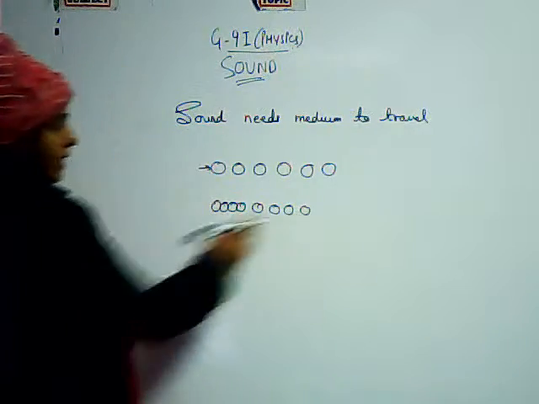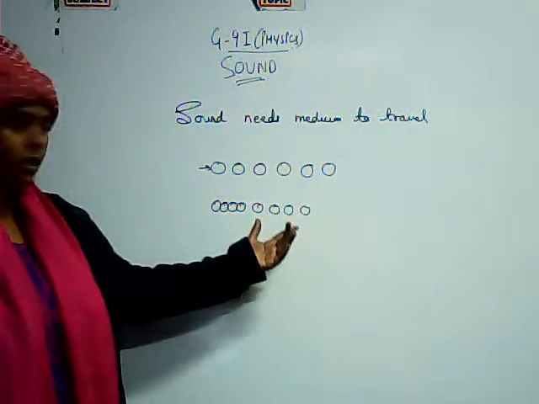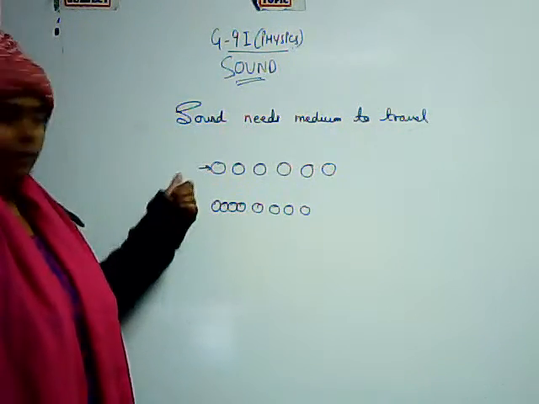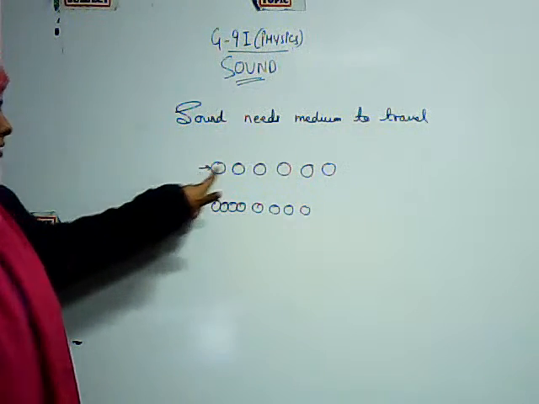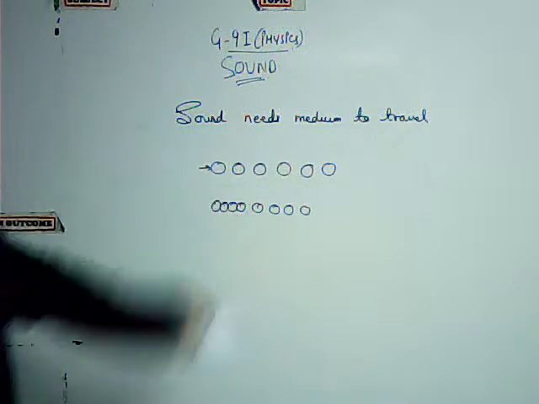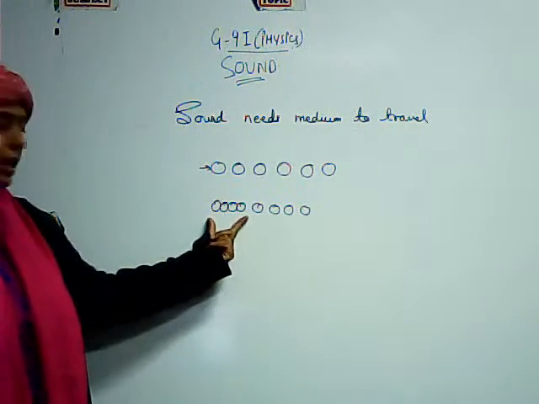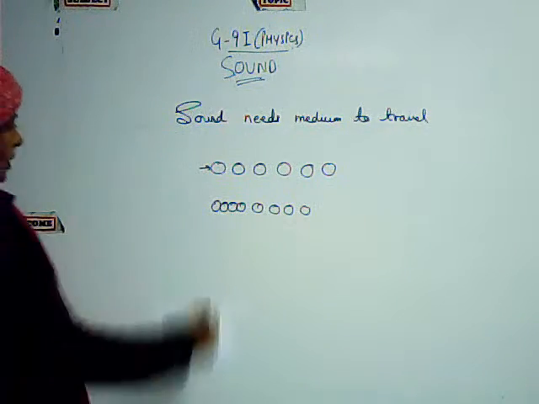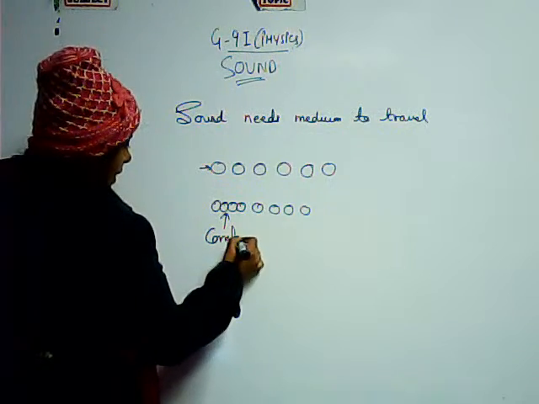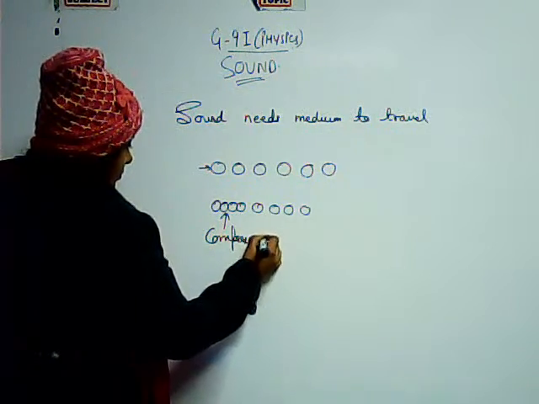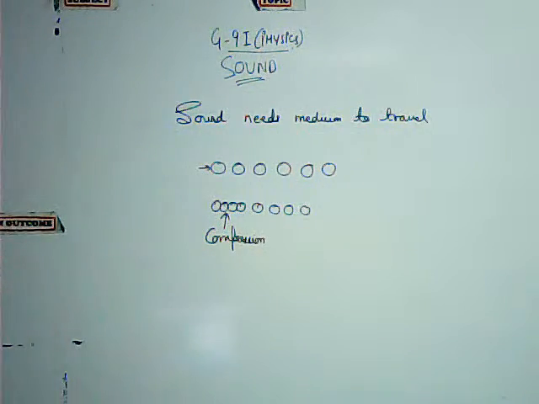We apply force onto one molecule, it will strike the second, the second will strike the third, and the molecules become close like this. Fine. So this region where they get compressed, we call it compression.